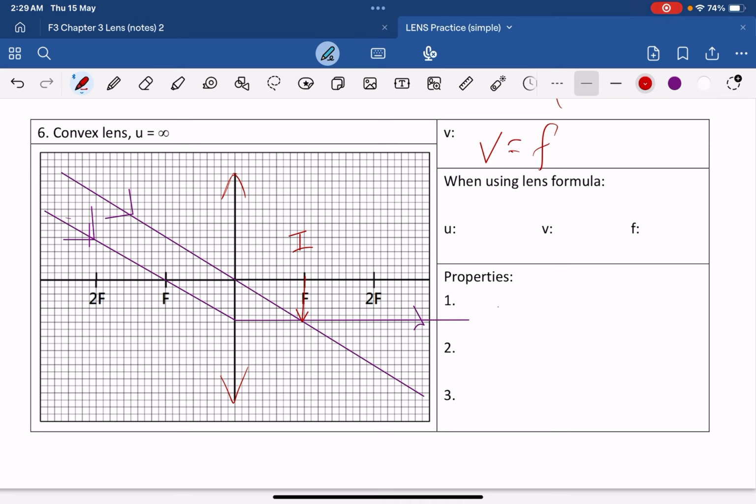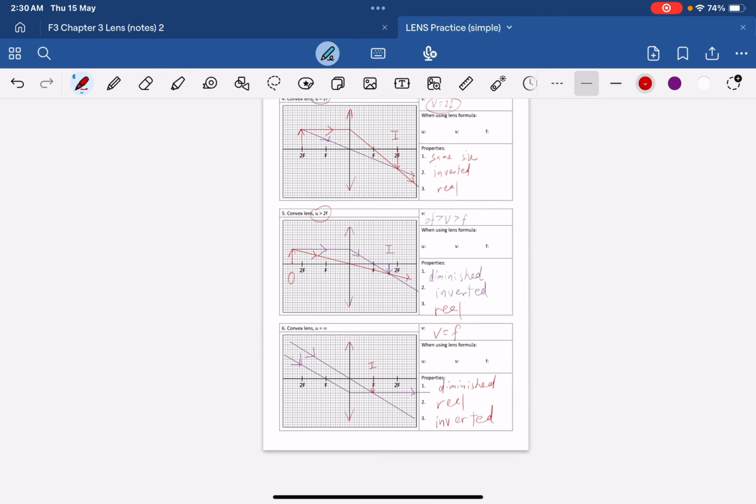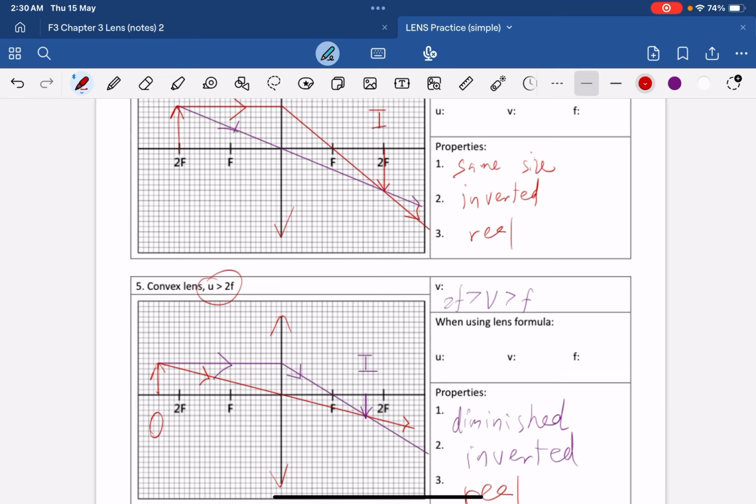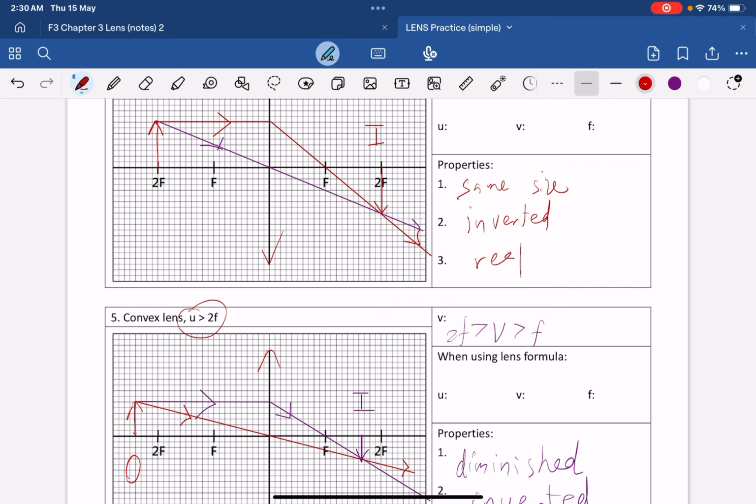The property: it is also diminished. It is also pointing down, right? The arrow is pointing down, so it will be inverted. Okay, that's all for the convex lens.